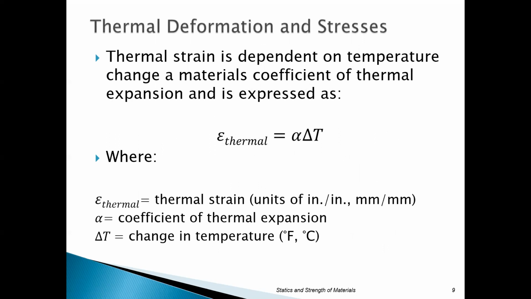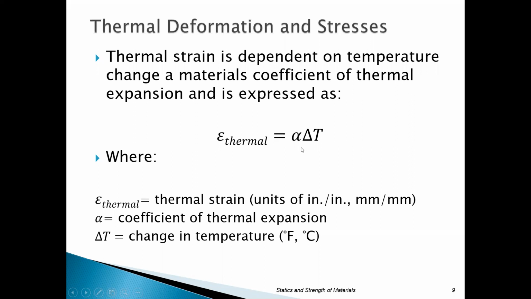Because that thermal strain is dependent on temperature change, we can basically take the strain equation, and instead of defining it as delta over L, we can now look at it as a thermal problem, and it can be expressed as alpha delta T. So alpha, again, is your coefficient of thermal expansion.